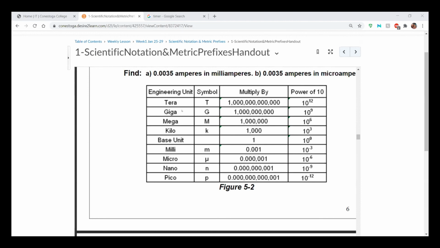So when I say that I have 1 terabyte, that means I have pretty much, from the British point of view, 1 billion bytes of information.